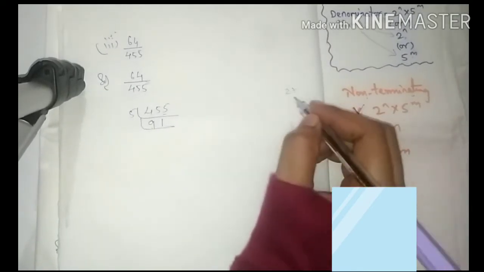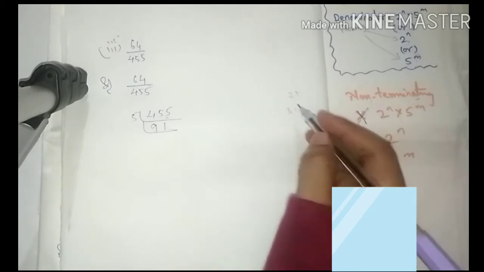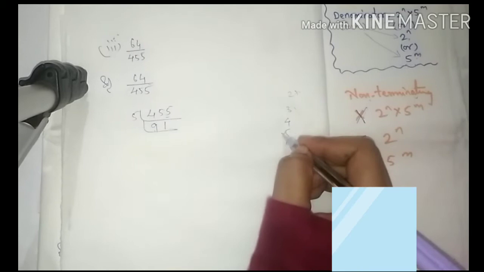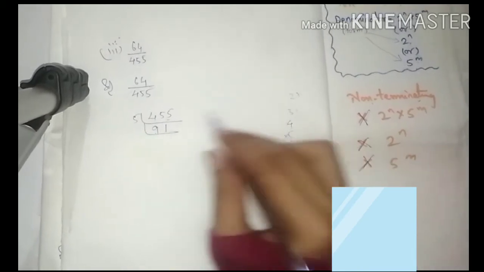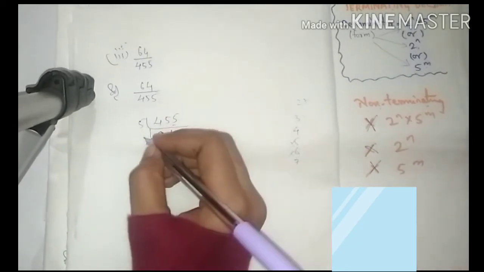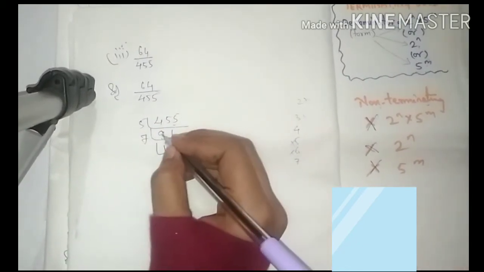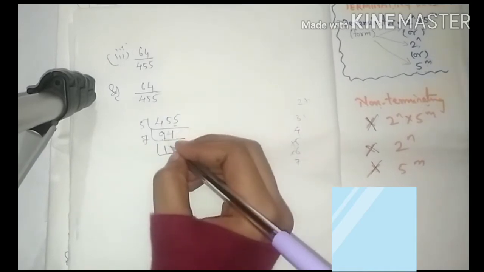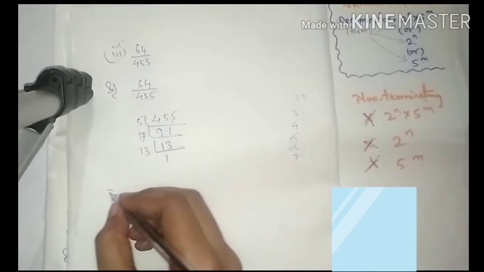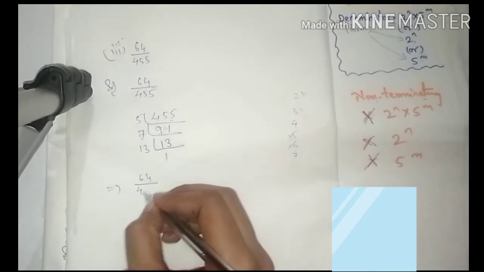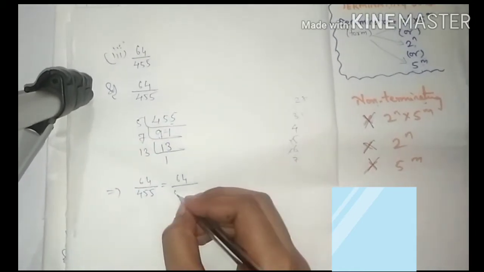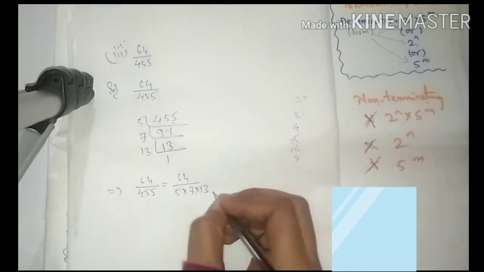Now 91: 2, no, it is not an even number. 3, no, 4, no, we cannot. 5 and 6 also we can't take, then we will take 7. 7 1s are 7, 2 remaining, 7 3s are 21. Now 13 1s are 13. Now for 64 by 455 we got the factors of 455, sorry, 5 into 7 into 13.